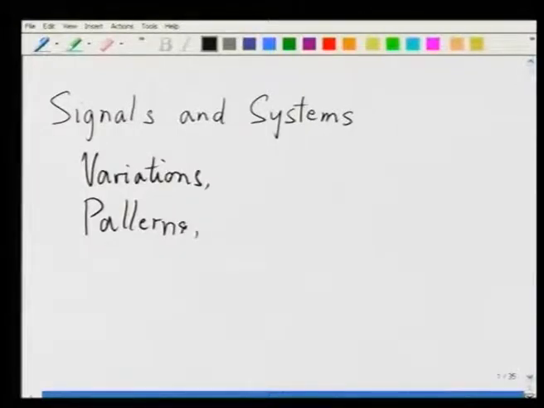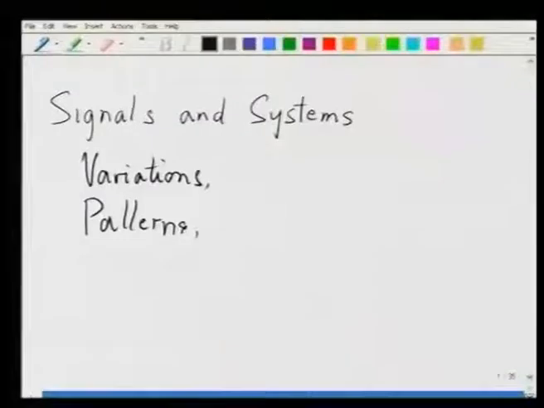Signals are changes of any kind with respect to space or with respect to time or with respect to both. So, signals in general are changes of something.